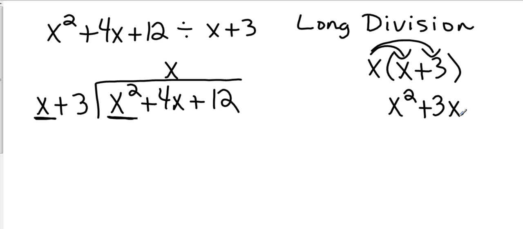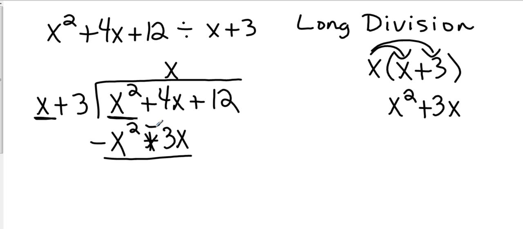So I'm going to go over here and put x squared plus 3x. Now, in long division, what did we do with that next term? Well, we subtracted it, so this is going to change the sign of everything in here. Changes that to a minus as well.